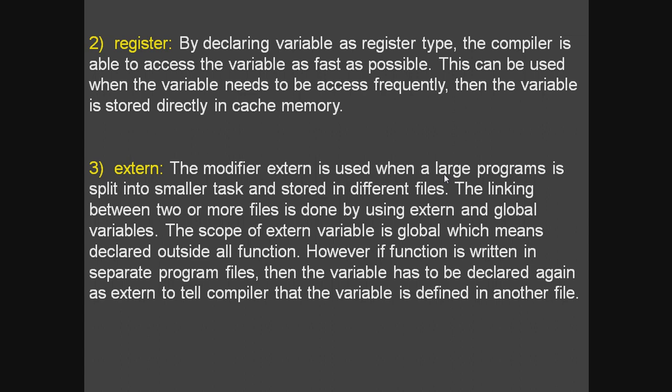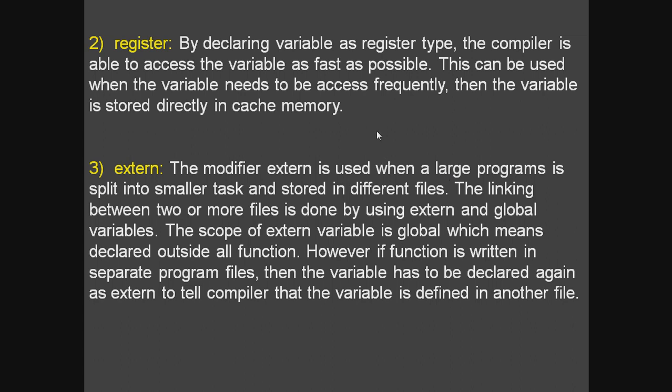In the function chapter you have seen that in the same program you are splitting the program into smaller programs, right? I've given you an example on that, where you split the programs into 2 or 3 modules, right?